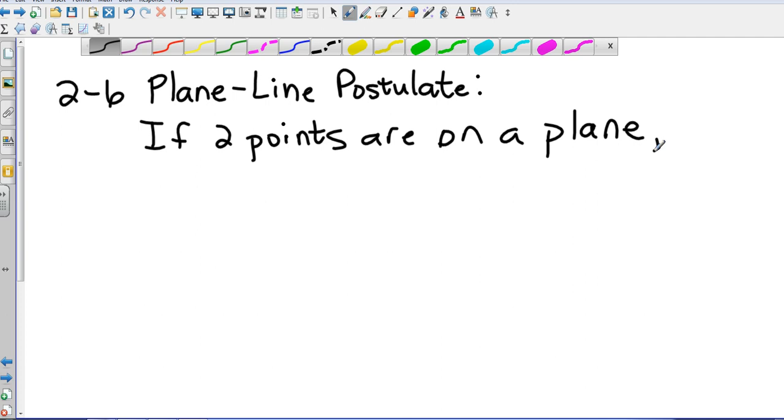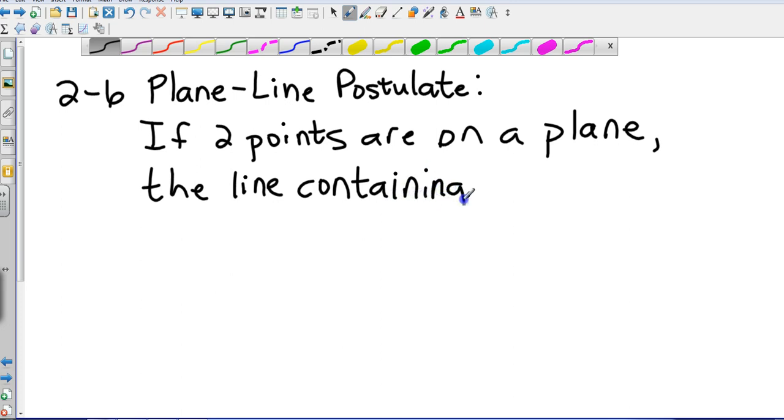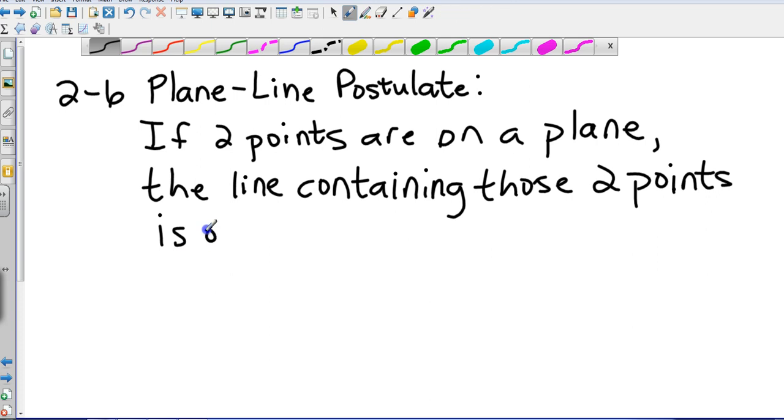So it just states that the line containing those 2 points is on the plane.